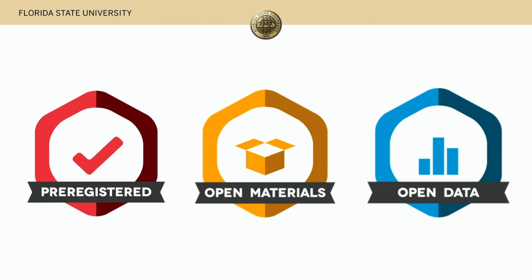The badges are also used, I think, learning from things like video games where you can earn tokens and people are motivated by that. So the thinking is maybe they'll motivate scholars to want to do these things so they can have this badge.